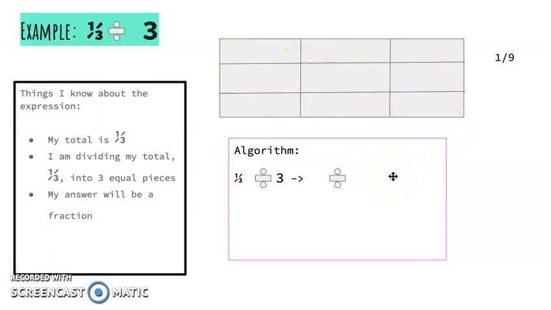Now we're going to solve this problem using the algorithm. This is where we're going to use our 3 steps of keep it, change it, and flip it. But before we can keep, change, and flip, there's something that we have to do to our expression of 1/3 divided by 3. So the 1/3 stays the same. And now, what do we do to this 3, this whole number?